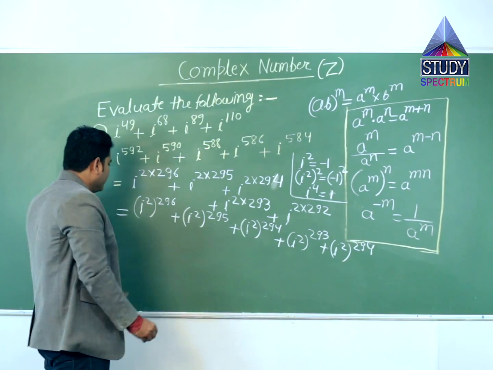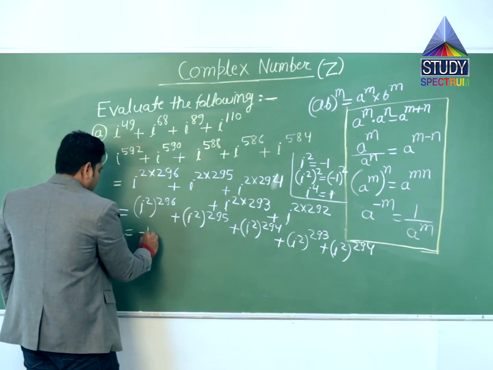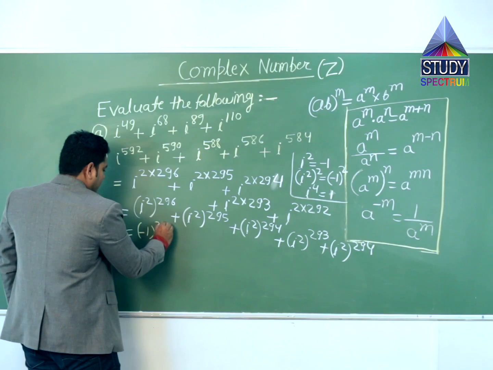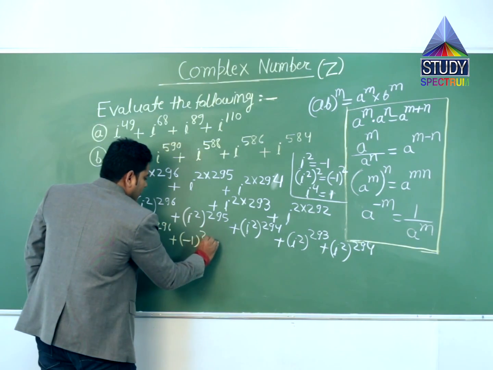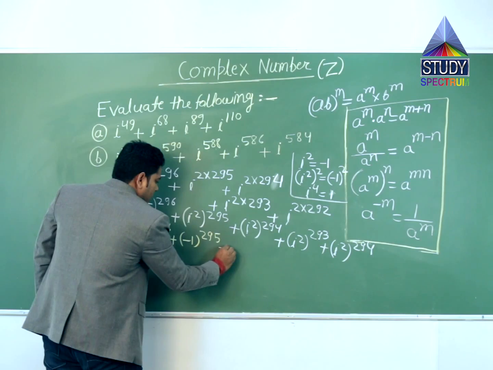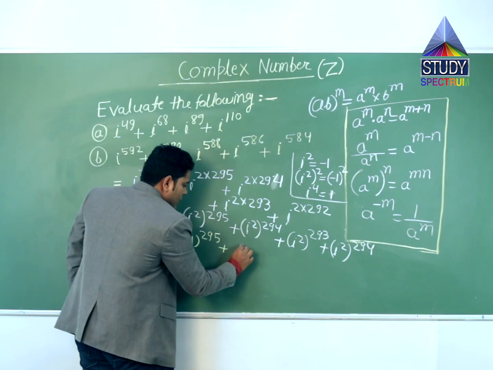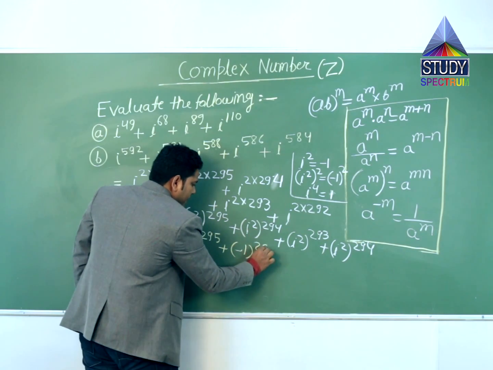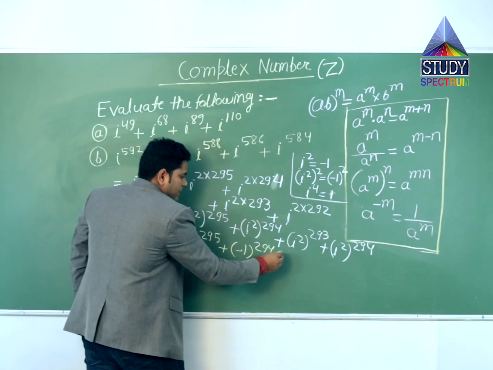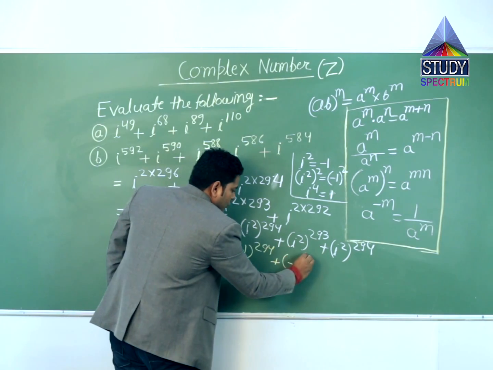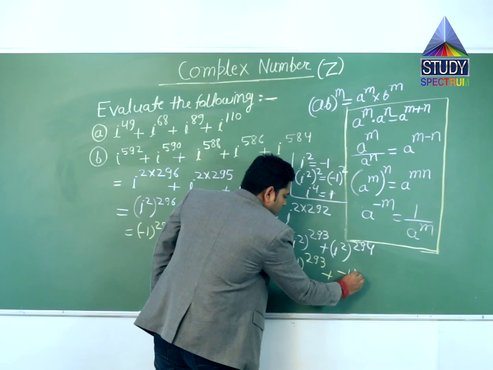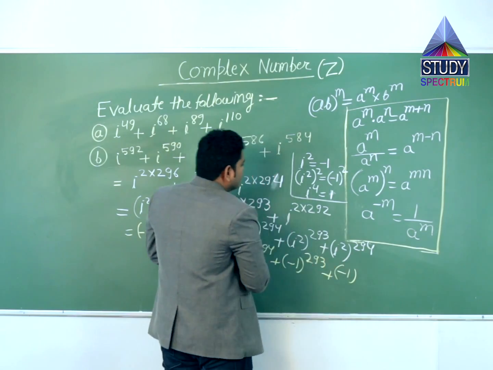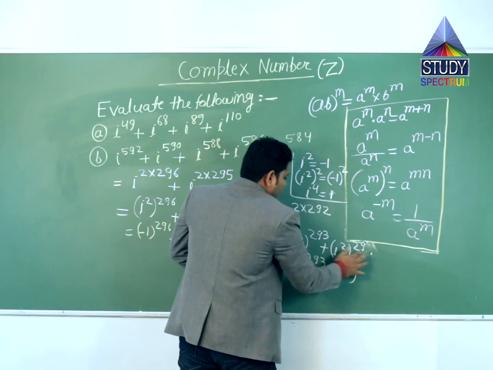And we know that i square equal to minus 1, so we write minus 1 to the power 296 plus minus 1 to the power 295 plus minus 1 to the power 294 plus minus 1 to the power 293 plus minus 1 to the power 292.